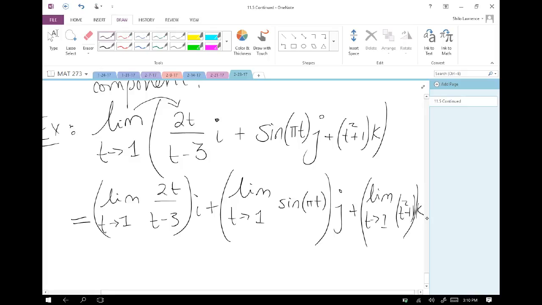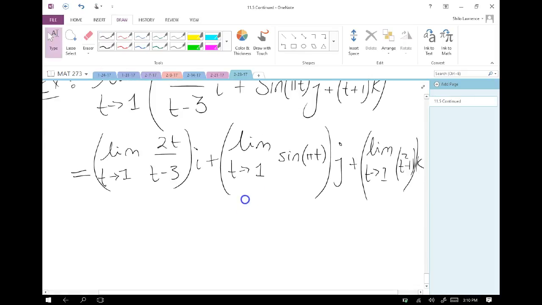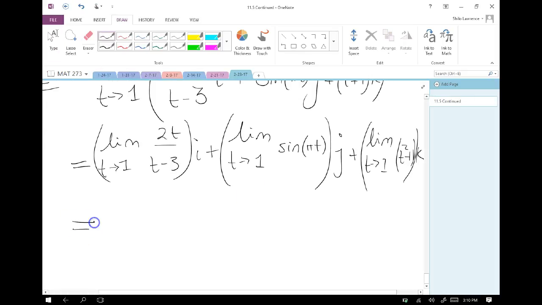It's just 3 problems. We do it once for each component. And it's going to work just fine for all of them.